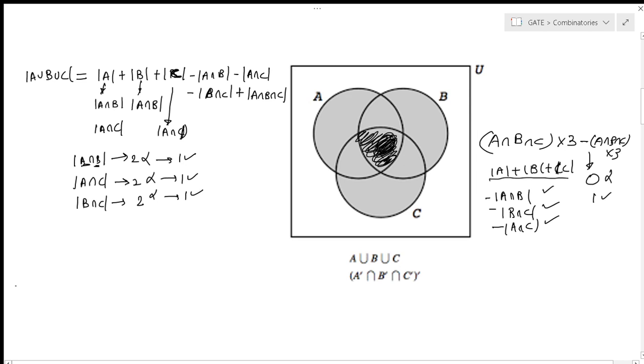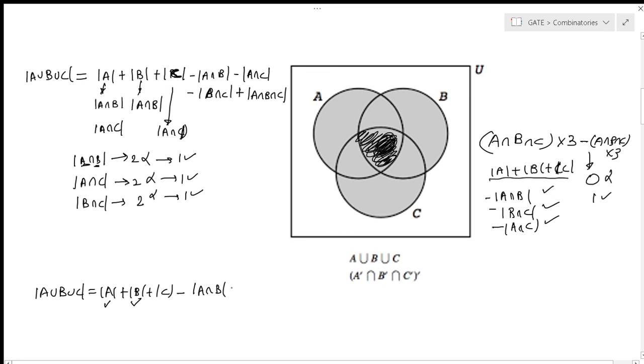Now let's summarize what we learned. Whenever I am writing A union B union C, I first add all the terms A, B and C, whatever their cardinality might be. But the issue is that A intersection B got added twice because it was included in A also, in B also. So we need to subtract it once.